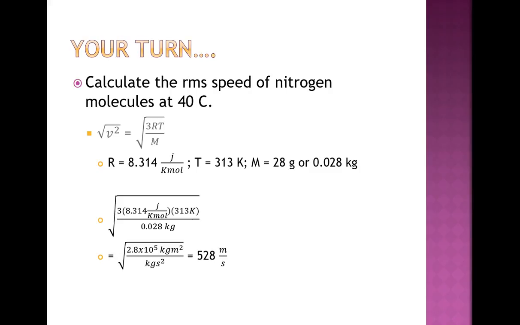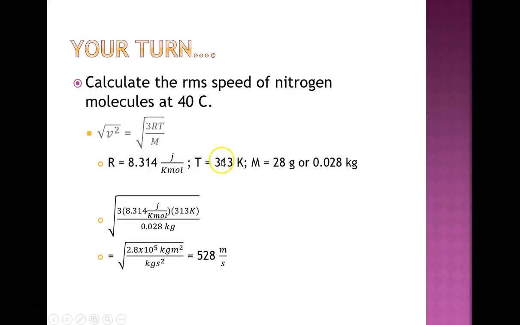Well, I was going to say this is your turn, but it looks like I laid it all out there for you. So let's go ahead and just go over this. Calculate the RMS speed of nitrogen molecules at 40 degrees C. So with our formula, RMS speed equals square root of 3RT over M, where R is 8.314 joules per Kelvin mole.